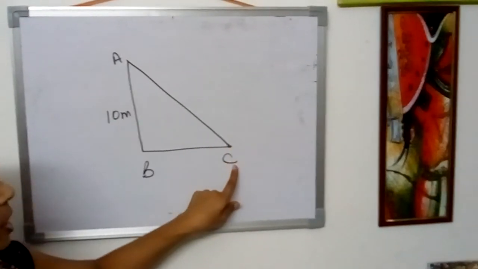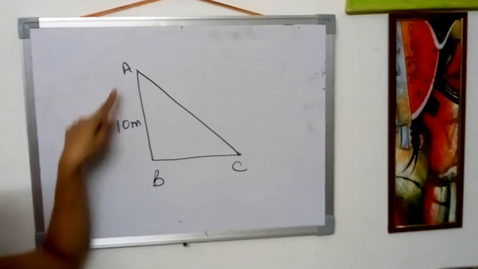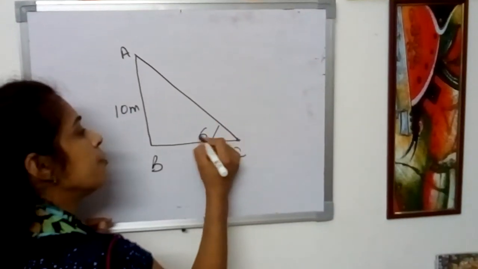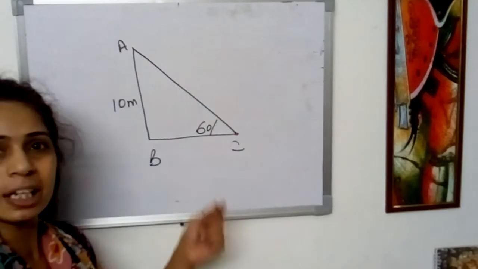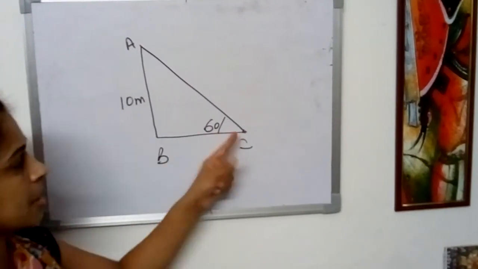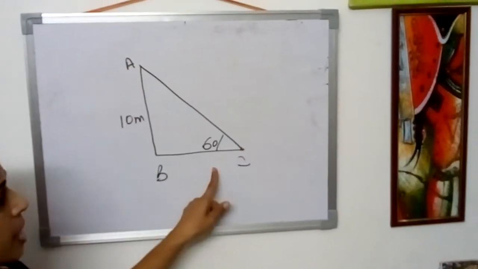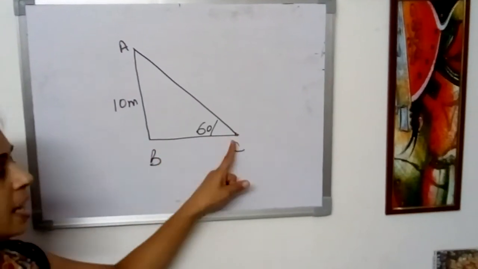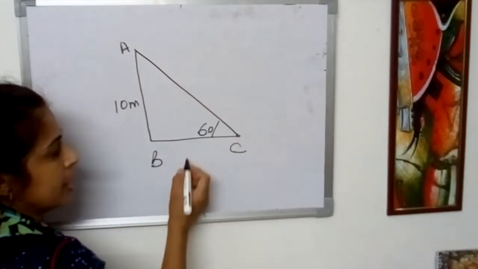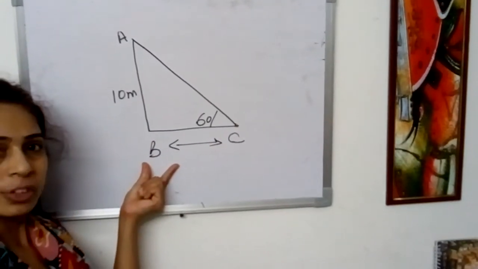So from the point C where the person is standing, he is looking at the top of the tree which is at the height of 10 meters at an angle of elevation of 60 degrees. So angle C is given to you as 60 degree angle of elevation. That means the person is standing on the ground looking at the top of the object. Angle formed between the line of sight and the object. Okay. Now we have to find the distance of the person from the foot of the tree.